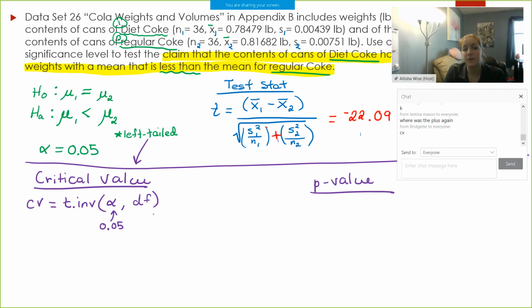That's what's defined. Now our degrees of freedom, remember you're picking the smaller sample size. They're both the same here, so pick one sample size and subtract 1. So what's our degrees of freedom?